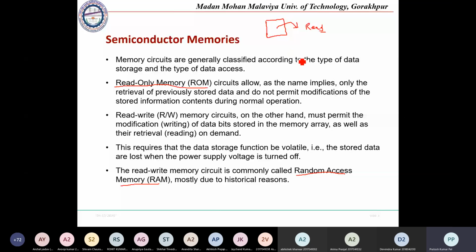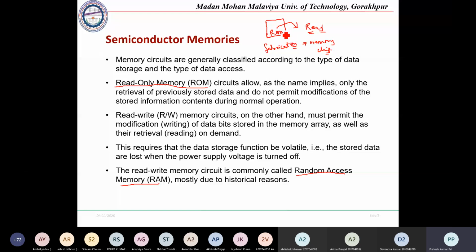Here whatever data is stored, we are reading, and this storing of data is done at the level of fabrication. When we are going to fabricate a chip, or the memory chip, at fabrication point of time, we will be writing the data into this type of ROM, and whatever data we have written at the time of fabrication can only exist on that chip. We cannot change that data for further applications.